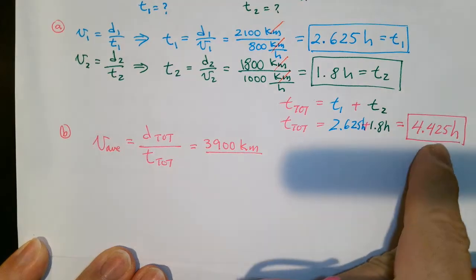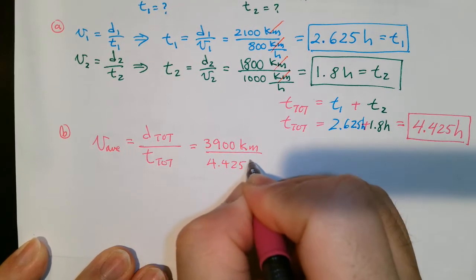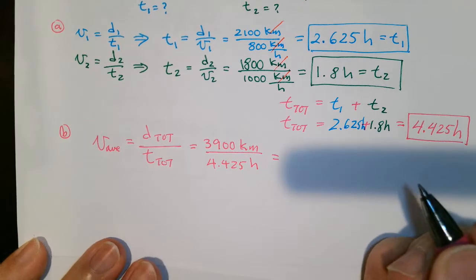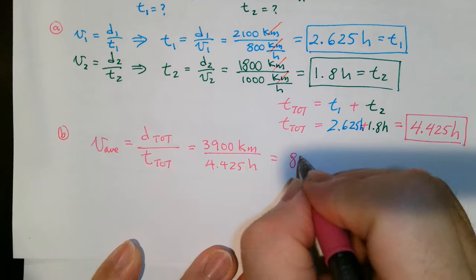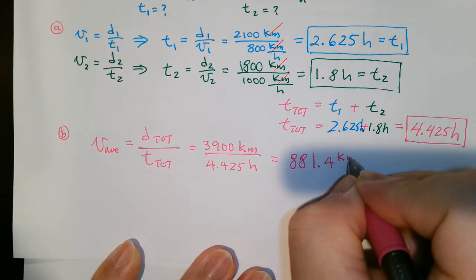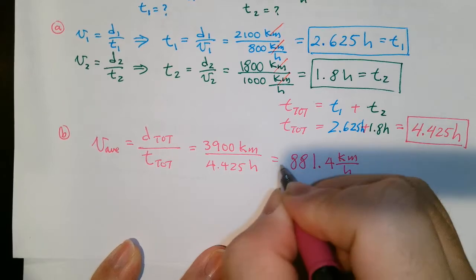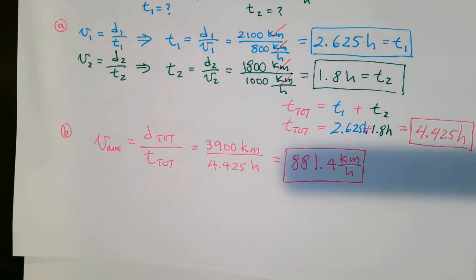Divide that by T total, which is 4.425 hours. And if you work it out, you'll get 881.4 kilometers per hour. Booyah. Done.